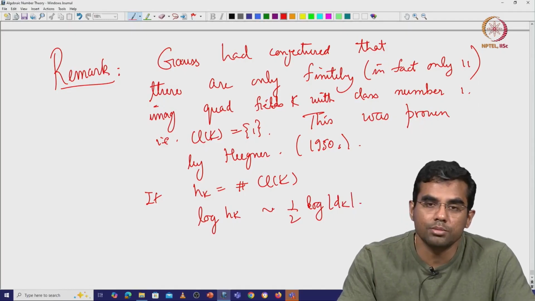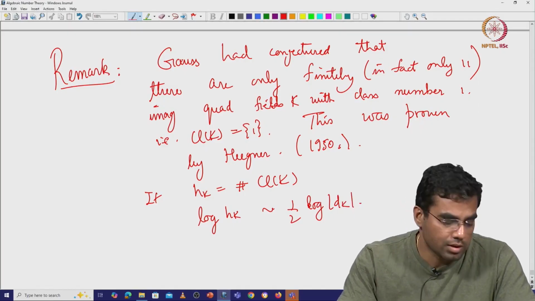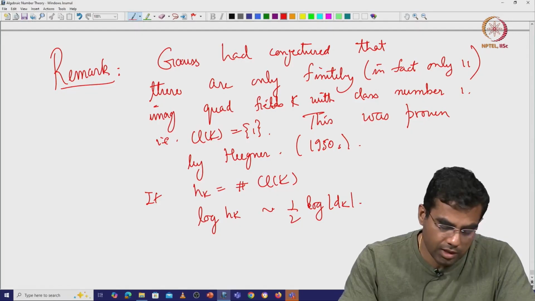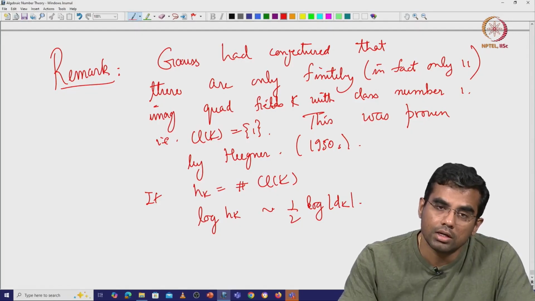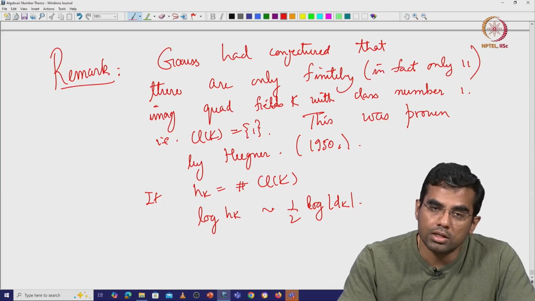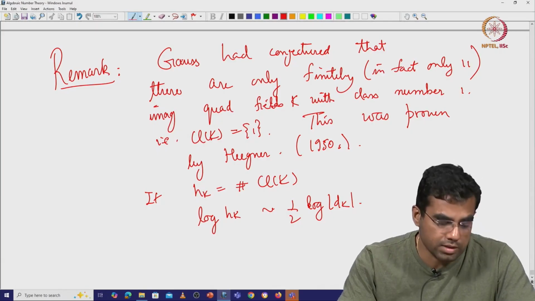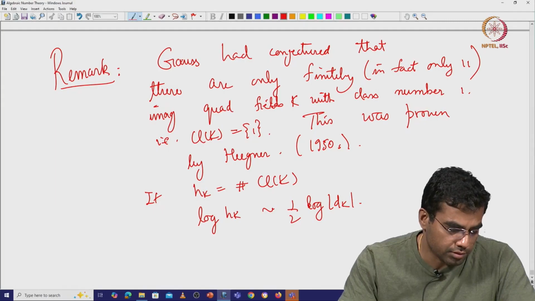So, this is asymptotic growth, right. This kind of thing will tell you that there are only finitely many fields, but to prove that the list of Gauss was the exact list, it takes much more work. Okay.